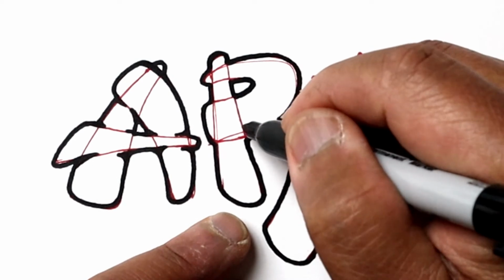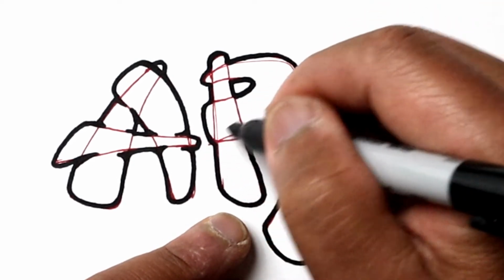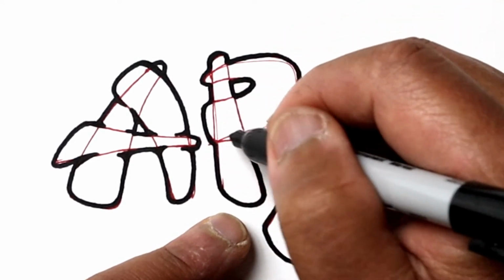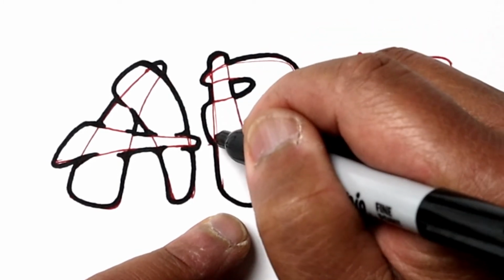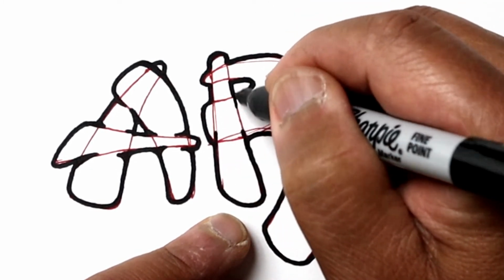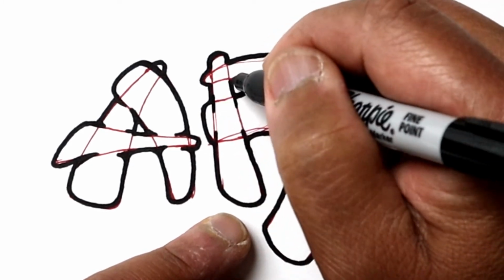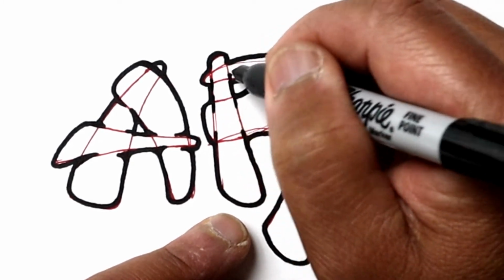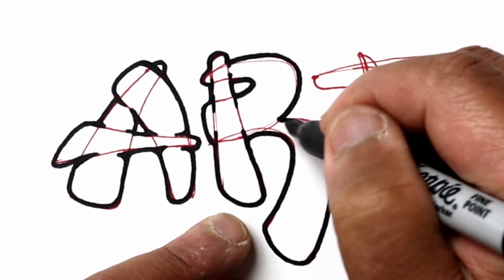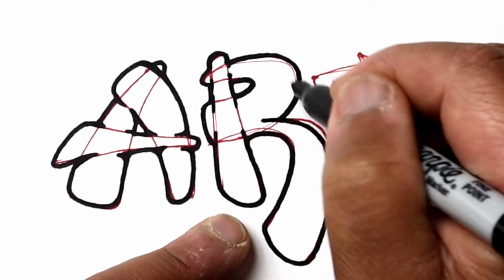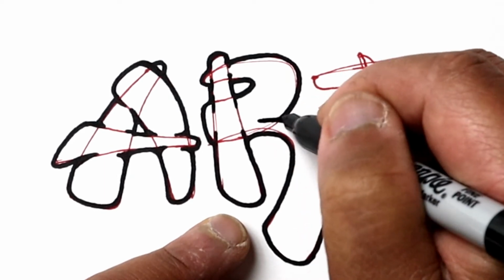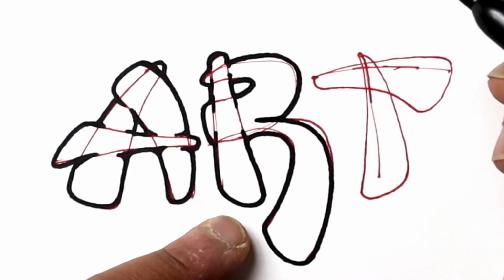We could, instead of the crossbar, instead of this curved line overlapping, we're going to have this one overlapping. So let's go ahead and add these extended lines, kind of going into this curved line. And then here, let's just extend this line into this curved line. And we're going to go kind of farther.